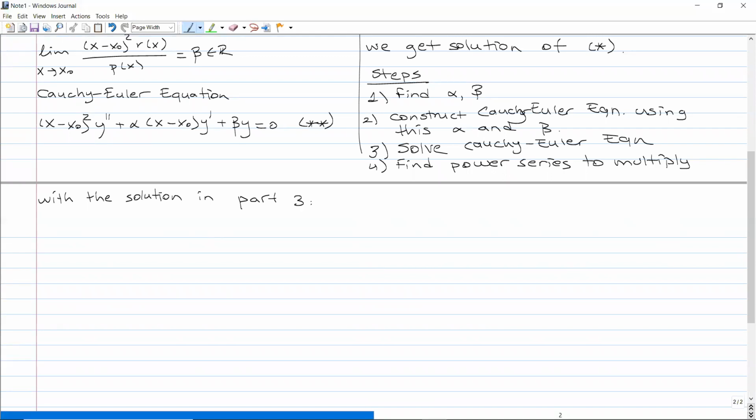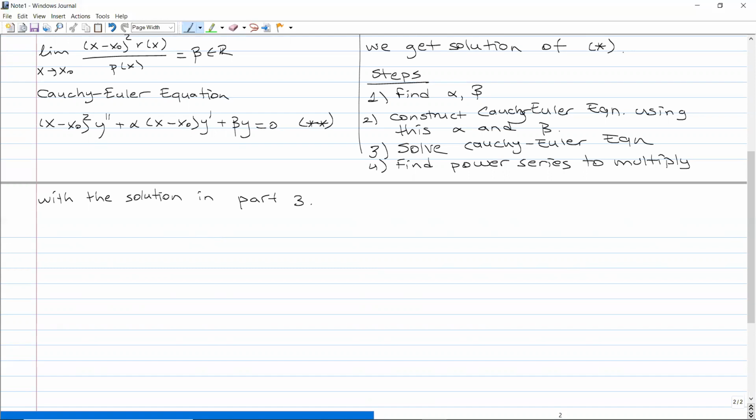Finding the power series is like the lecture about power series solutions around an ordinary point. We write the power series, then we take the derivatives and substitute into the original equation to find the coefficients. Okay.